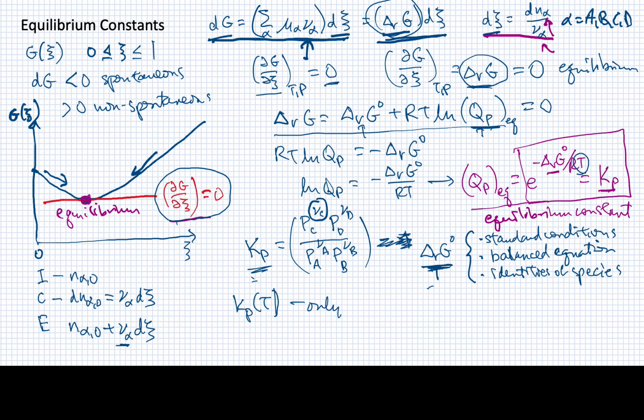So only a function of temperature. And we're going to be examining that a little bit more in the next lesson. But I think it's worth highlighting at this point that the only way you can change the equilibrium constant is by changing the temperature. And the equilibrium constant that you derive is specific to a specific temperature. But nothing else in that sense matters, only the temperature.